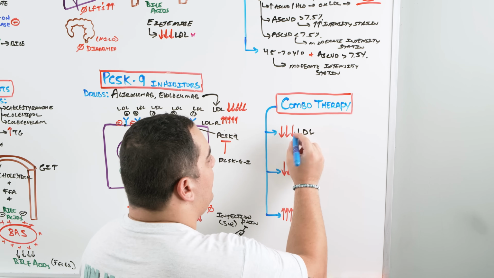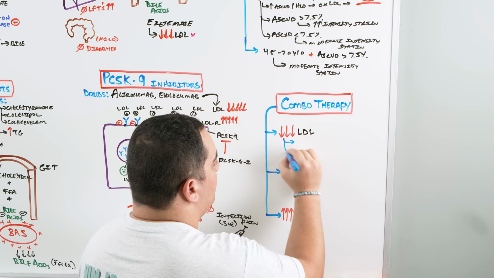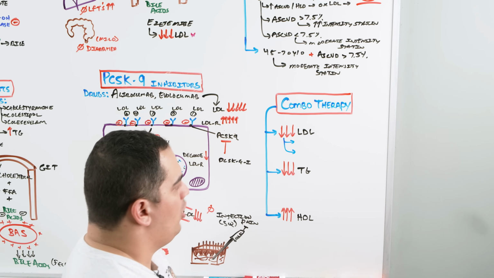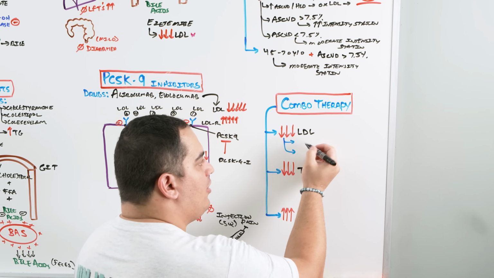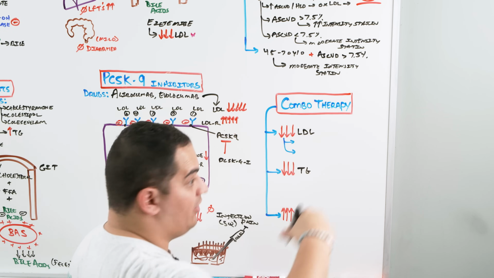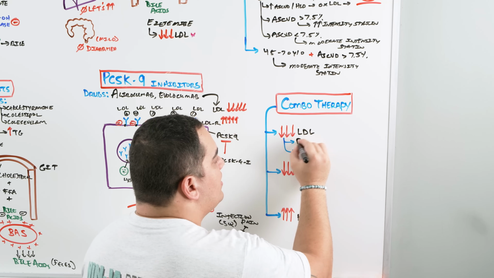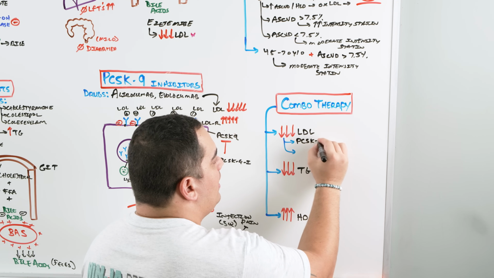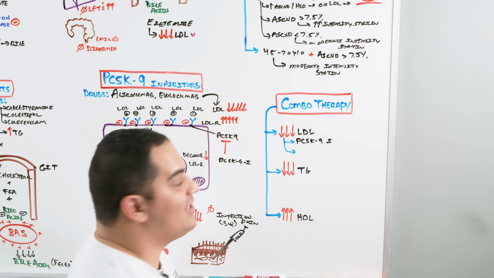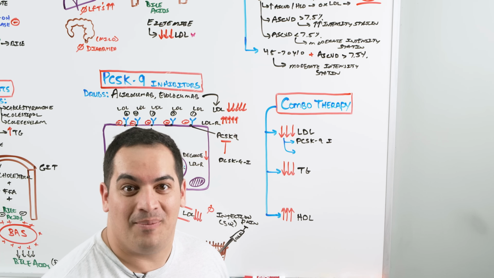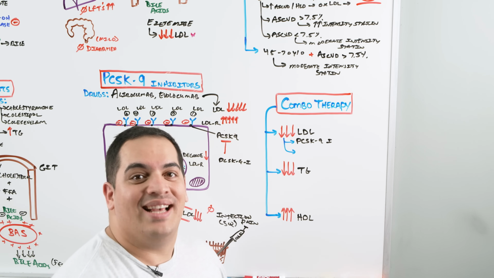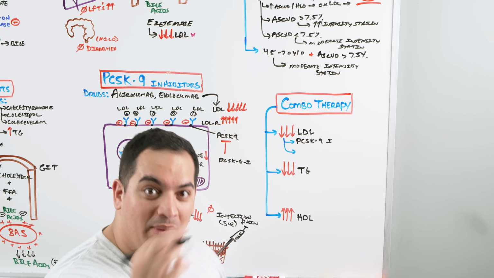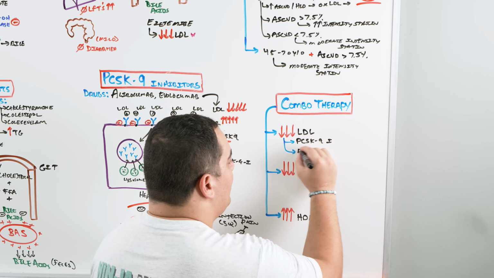And so really with these, the first thing that I want you to think about is two particular drug categories. One is if they're on a statin and they're not responding to it, or let's say that they're not even on a statin, you could consider a PCSK9 inhibitor. This is a really good drug that drops your LDL. The other one is the cholesterol absorption inhibitor, another really good one, called ezetimibe.